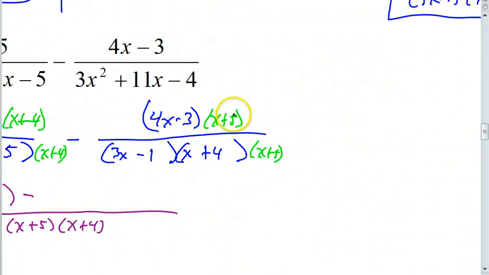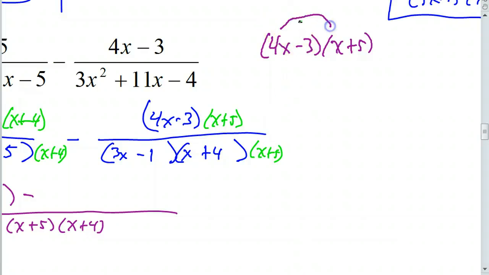I'm going to do the same thing with this pair over here off to the side. So I've got 4x minus 3 times x plus 5. I've got 4x, so 4x times x, that's going to make 4x squared. 4x times 5, that's 20x.